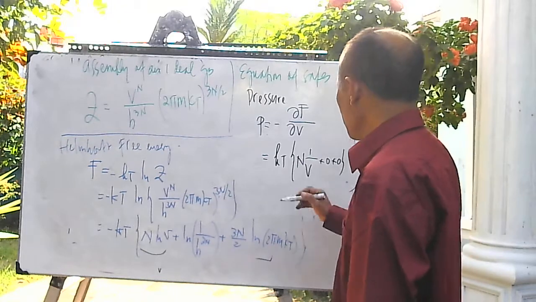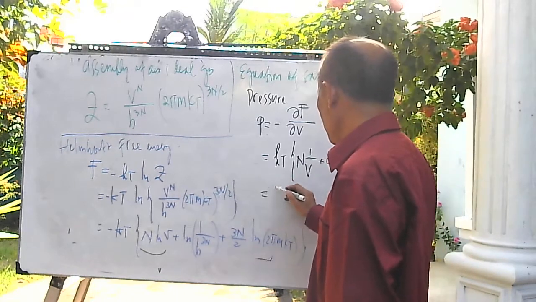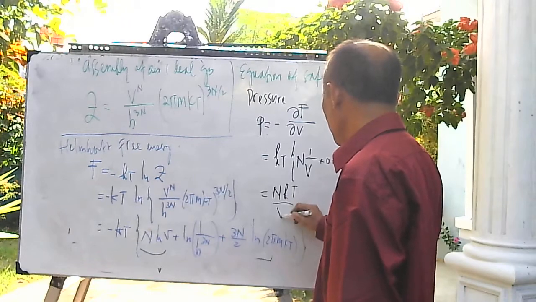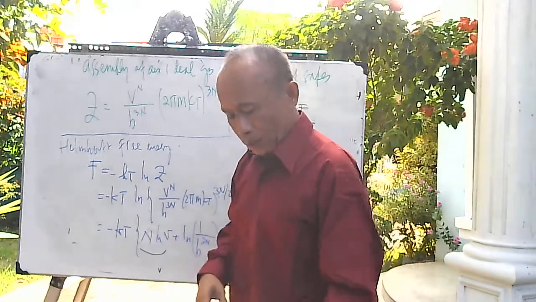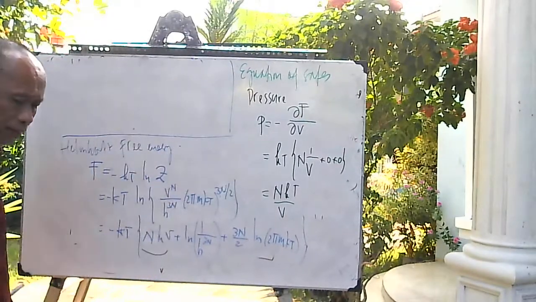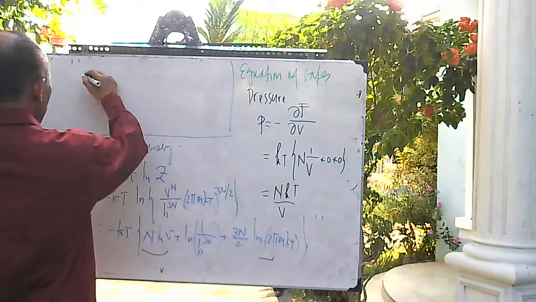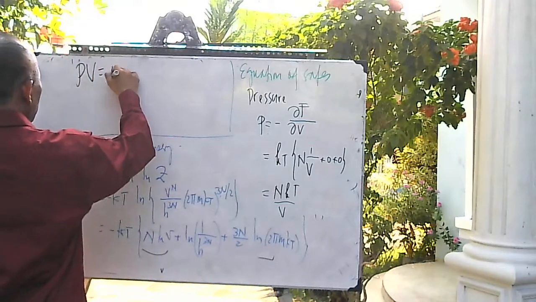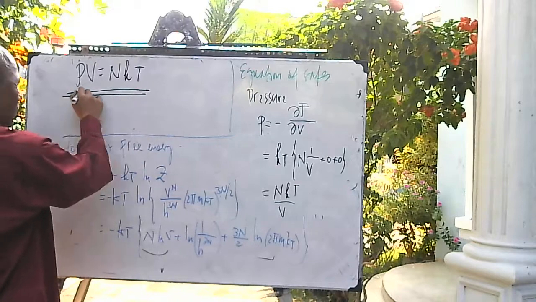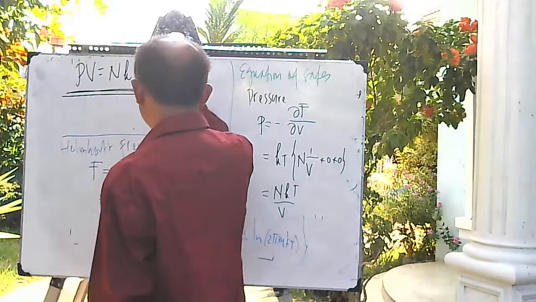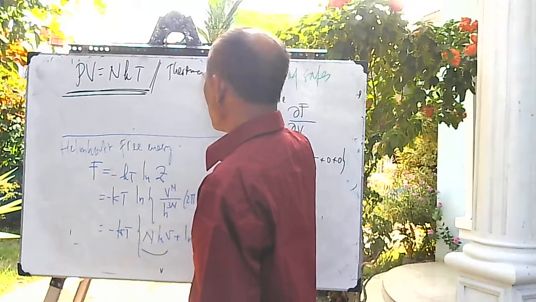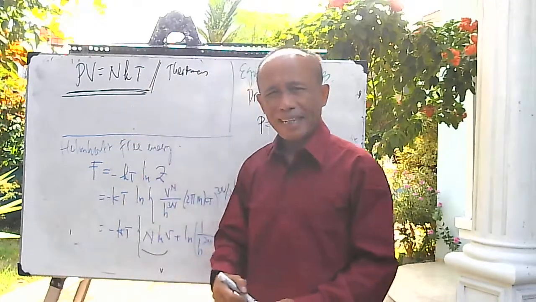So we obtain the result N kT over V. Or we then have the equation of state for the ideal gas: PV equals NkT.